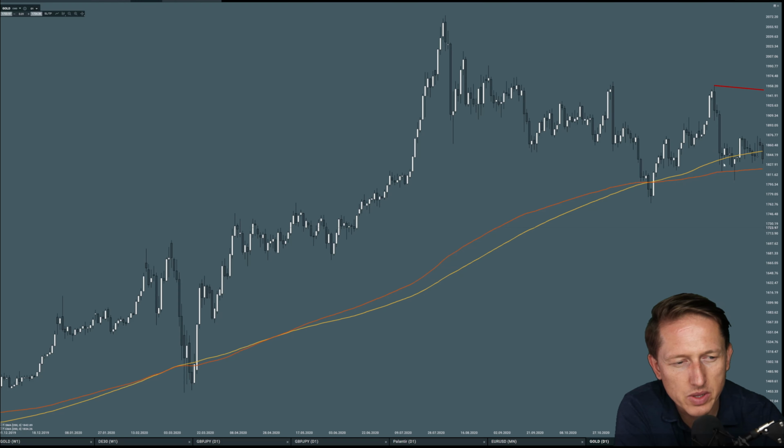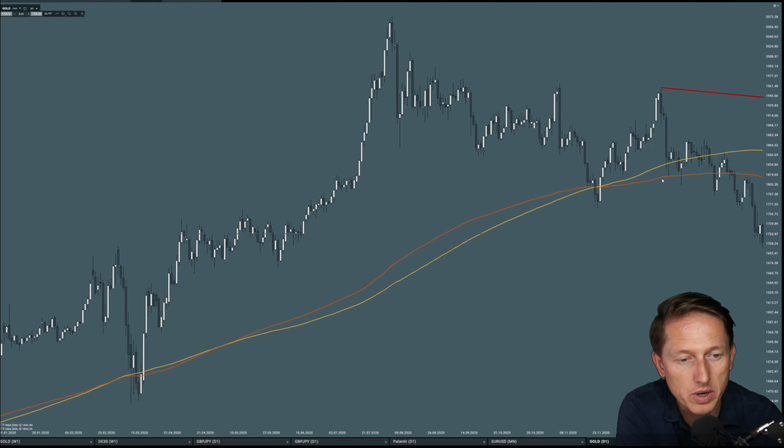Then again, retesting. So now we know that we need to be worried, because there is nothing here. The market is coming back, so it doesn't like to stay up for too long with very strong candles. What does it do? Look, it's sliding, so we need to be careful.